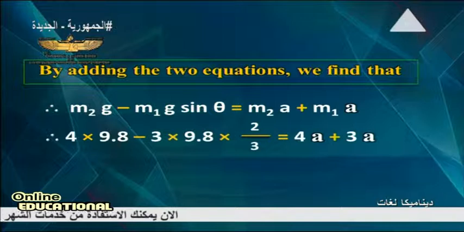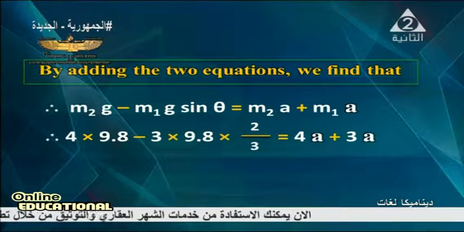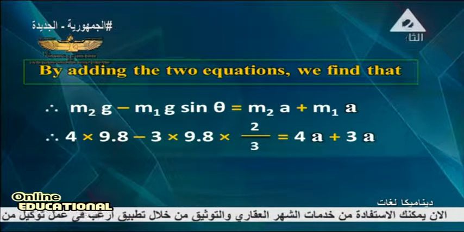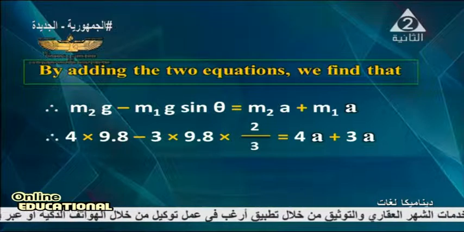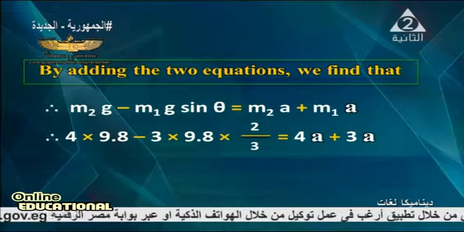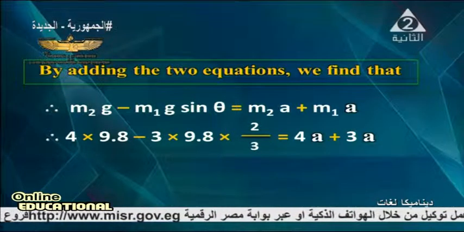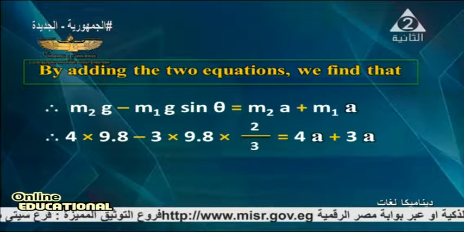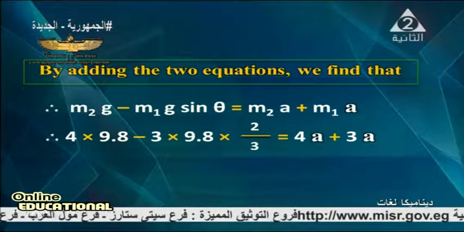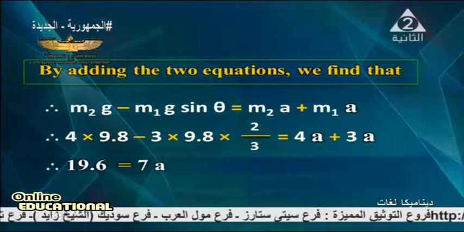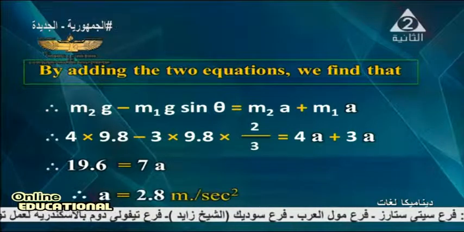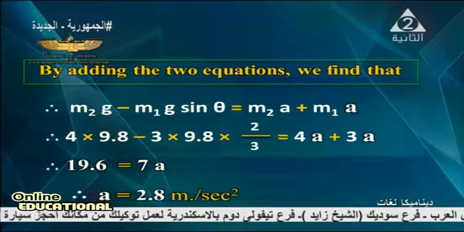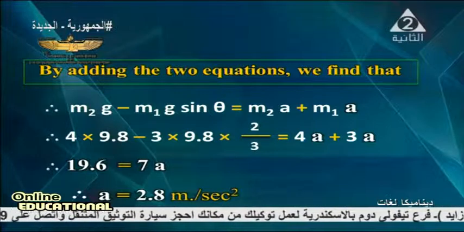Then 4 times 9.8 minus 3 times 9.8 times 2 over 3, where 2 over 3 is the sine of the angle of inclination, equals 4a plus 3a. Then 19.6 equals 7a. Then the acceleration of motion equals 2.8 meters per second squared.